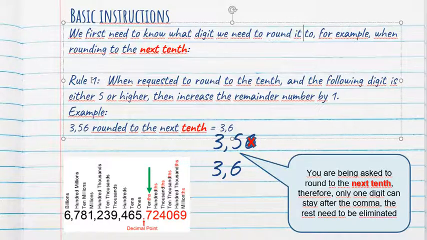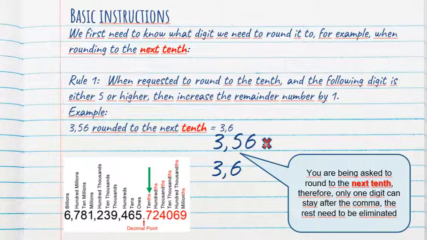Rule number 1. When requested to round it to the tenth, or for this matter to any other spot, and the following digit is either 5 or higher, for example, like this case, you see, I'm asking you to round it to the nearest tenth. So I already know that you just need 1 decimal, okay?